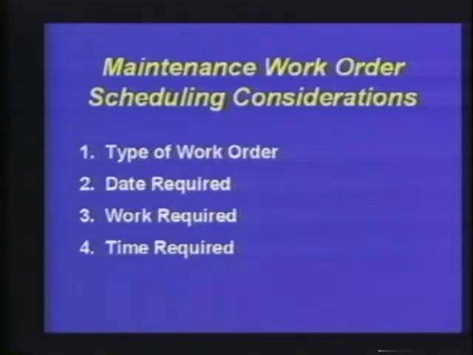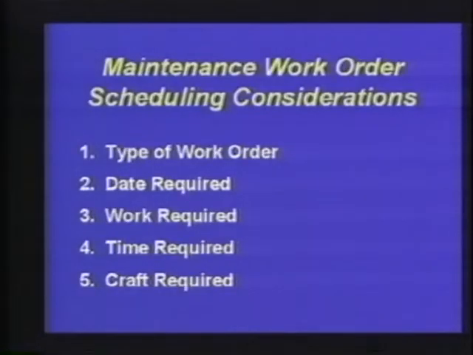The time required is estimated for each and every task, each and every sequence or operation on the work order, and those time elements can be changed as a byproduct of the recommendation from the individual craft personnel that are working on the job. Item 5 indicates the craft required, and that is those personnel that are going to actually do the work as the maintenance work order indicates.